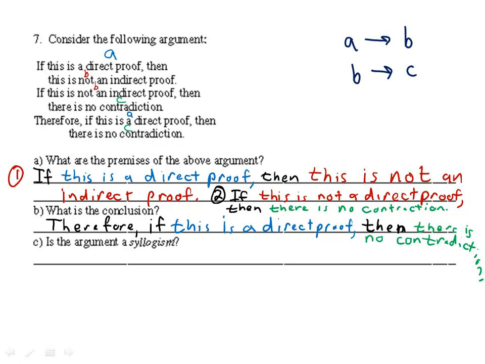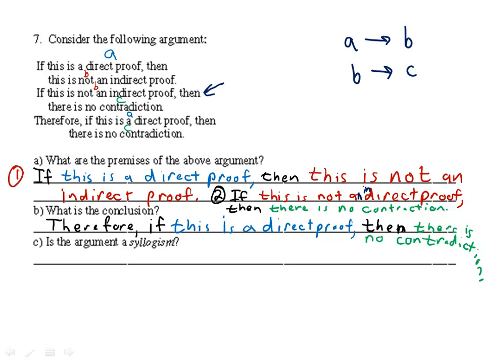If this is a direct proof, then this is not an indirect proof. That's the first premise. The second premise is right here. If this is not an indirect proof, then there is no contradiction.